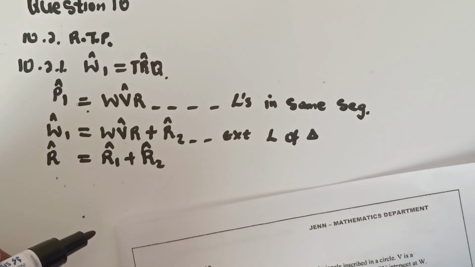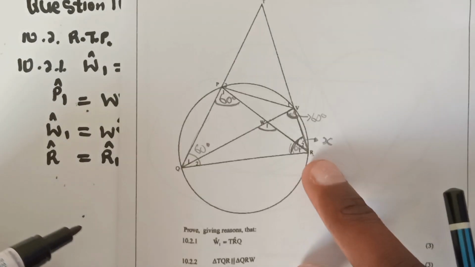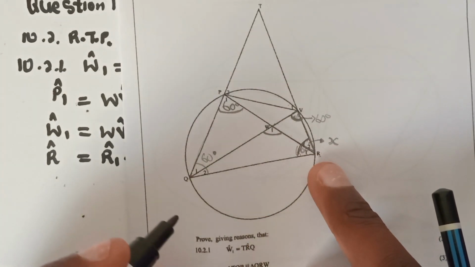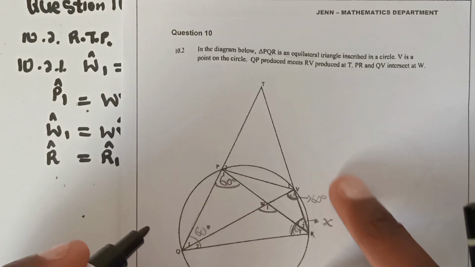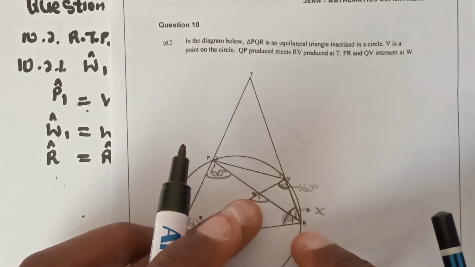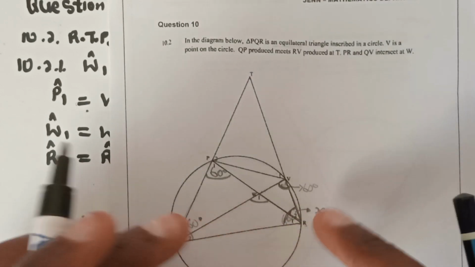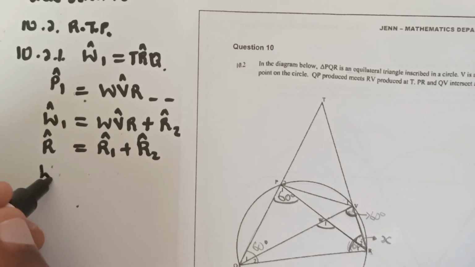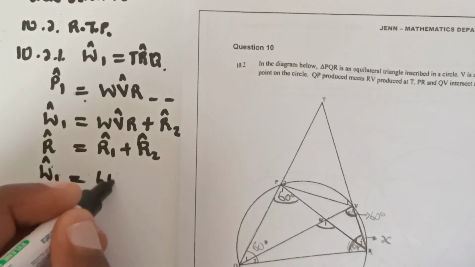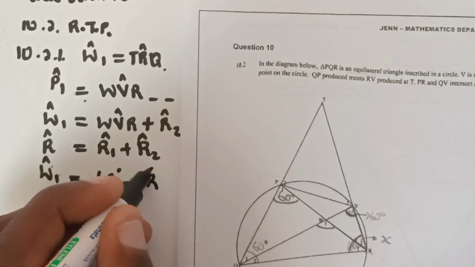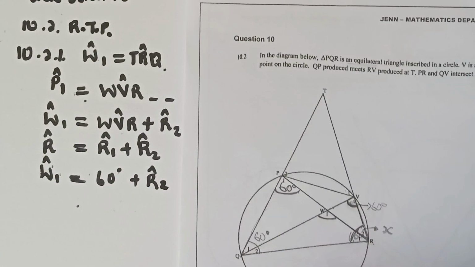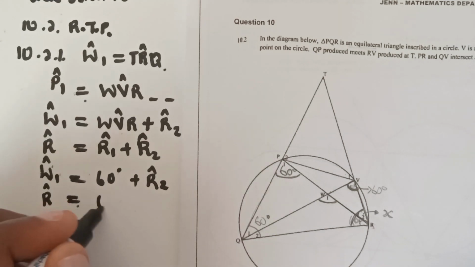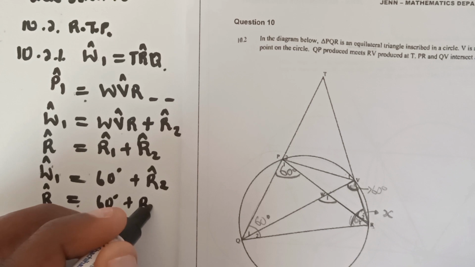At first I said that angle R1 is equal to 60 because of the equilateral triangle that they mentioned, and then angle WVR is equal to 60 degrees also. So W1 is equal to 60 degrees plus angle R2, and then angle R also is equal to 60 degrees plus angle R2.